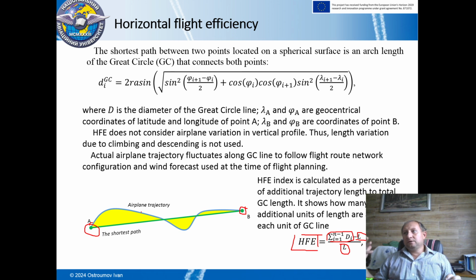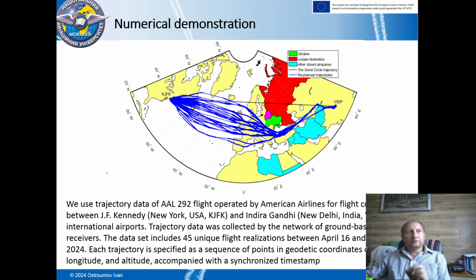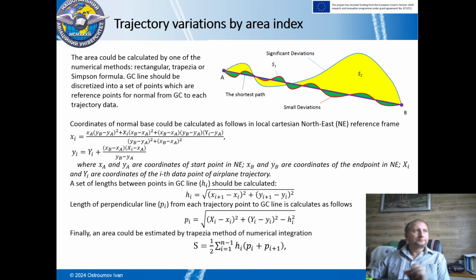If we talk about post-flight data processing, in this case we have a sequence of waypoints by which the airplane has to move. That's why by this formula, the Rhumb formula or arc length, we calculate the trajectory length of the actual airplane flight.